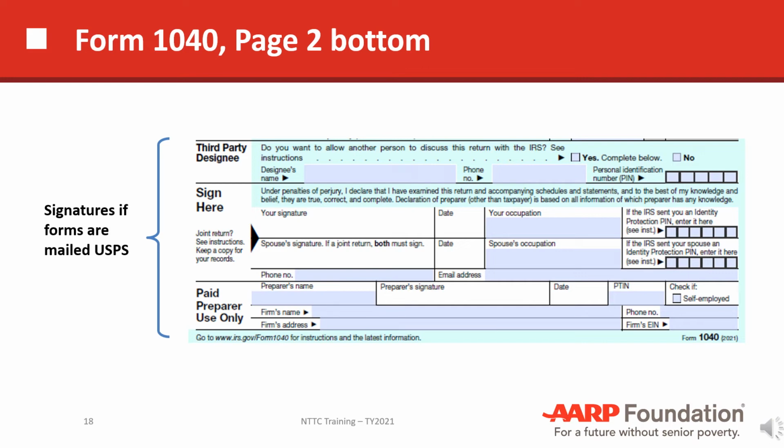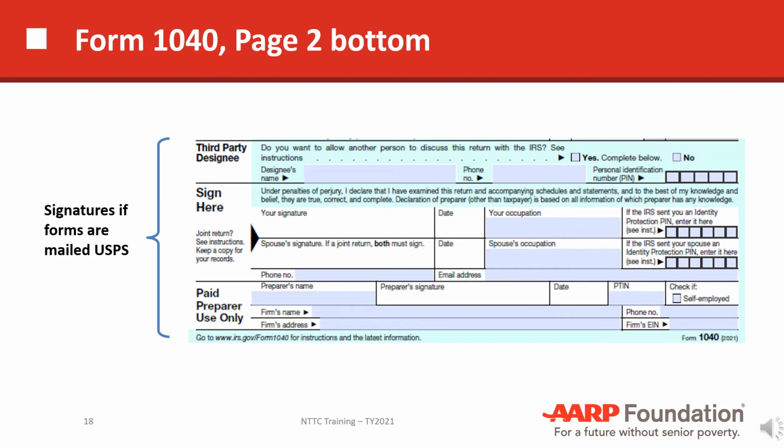Now, you will only see signatures here if there is a mailed-in tax return. So if the tax return needs to be mailed via USPS, the taxpayer is required to sign the tax return on these lines, both the taxpayer and the spouse. But typically, if the tax return is electronically filed, you will not see signatures here.